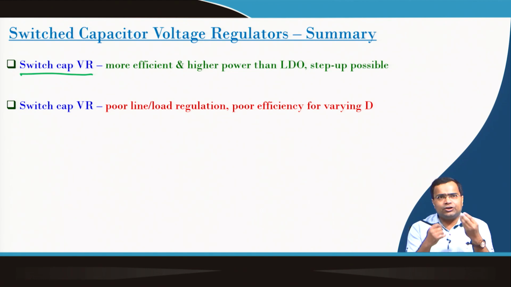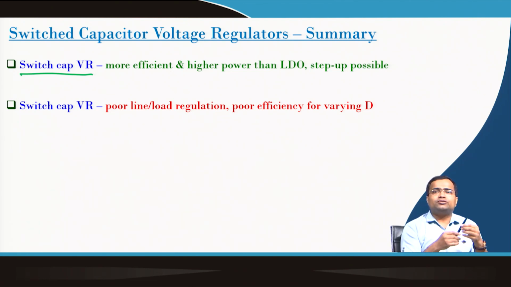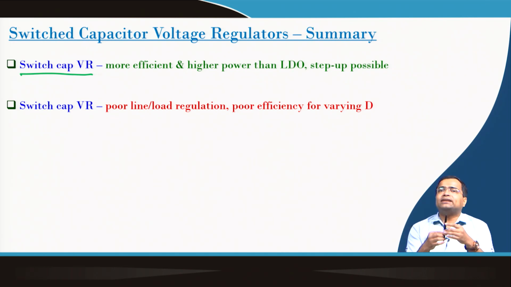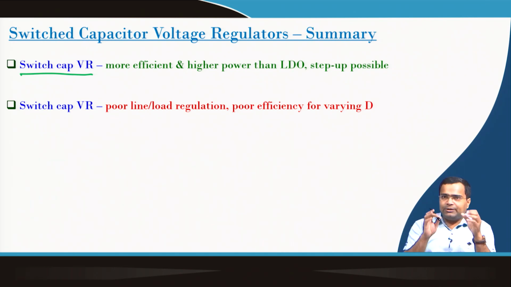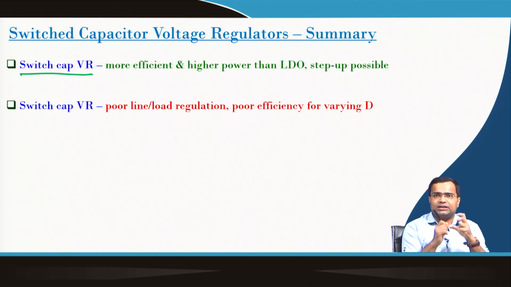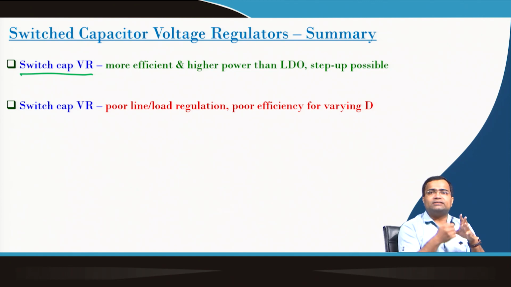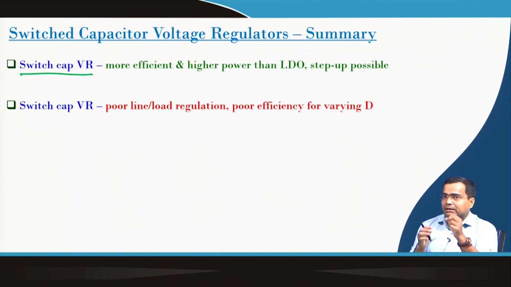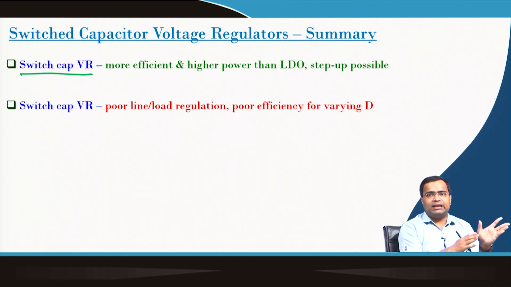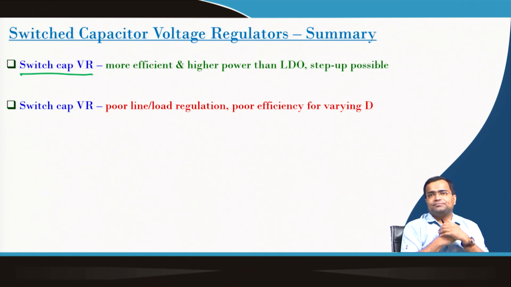But we saw that the switch capacitor voltage regulator actually suffers from poor line regulation, because if we take one cell of a switch capacitor converter, we saw the peak voltage that we can achieve at the output is Vin by 2. That means, if there is any variation in the input voltage, that peak voltage also varies.